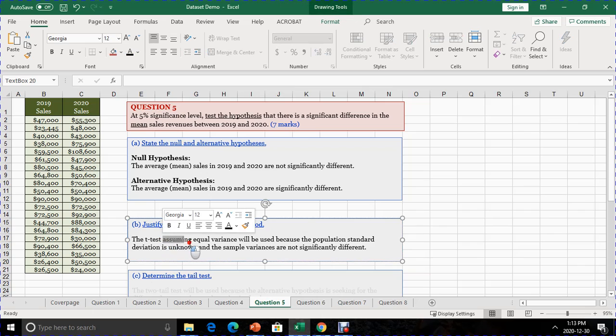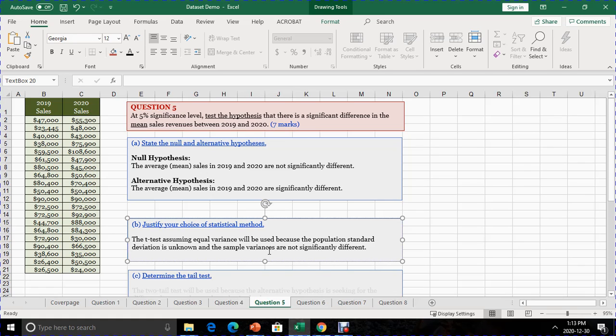Now we are going to assume equal variance because, from the previous example, the variances between these two data sets are essentially equal because we conducted a test and the test proved that the variances are equal, and that's the conclusion that we derive from that previous test, meaning that there is no significant difference in their variance.